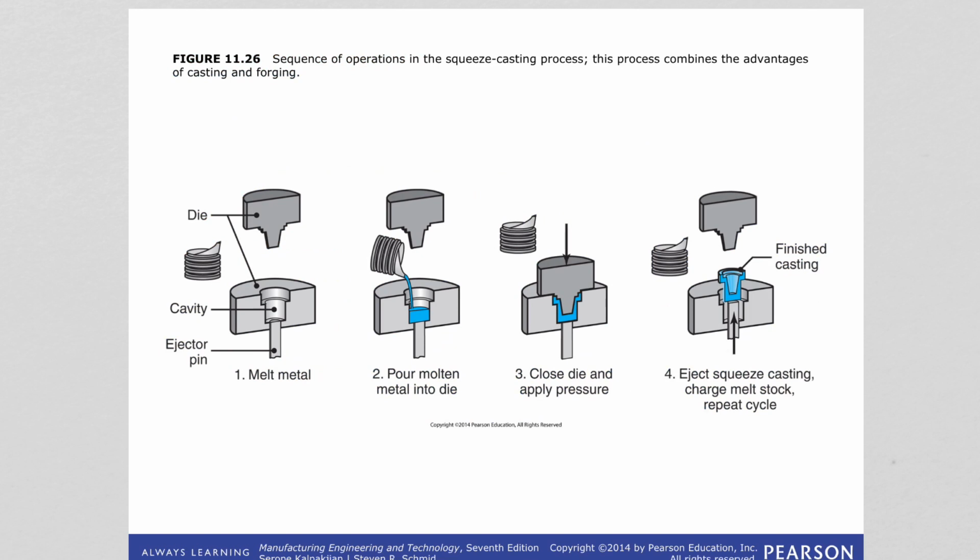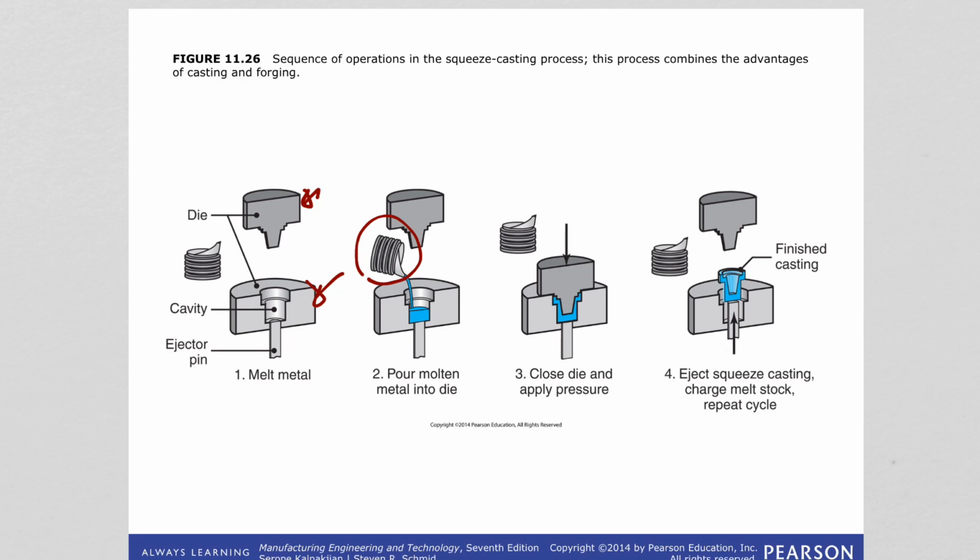And if you take a look at the illustration here for the squeeze casting process, we see the lower die cavity and there is the upper die, right here and here, and molten metal is poured into the die here, and the upper die is closed to create the mold cavity after solidification begins.